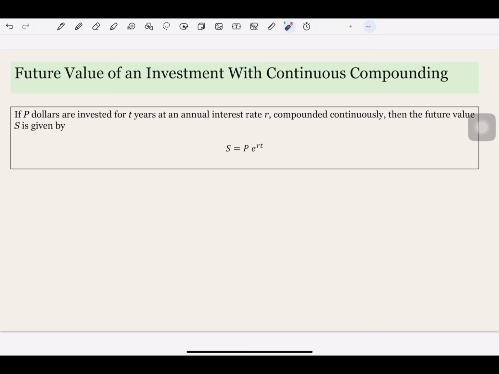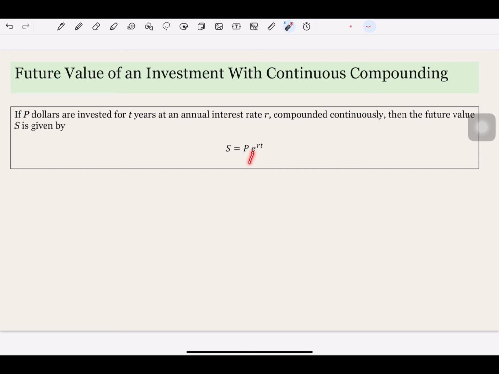The formula for the future value is S equals P times e to the power RT. Here S represents the future value of the investment, P represents the principal or initial value, R represents the annual interest rate as a decimal, and T represents the time in years.